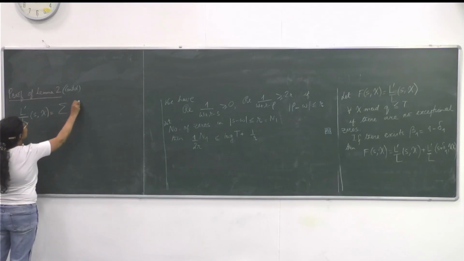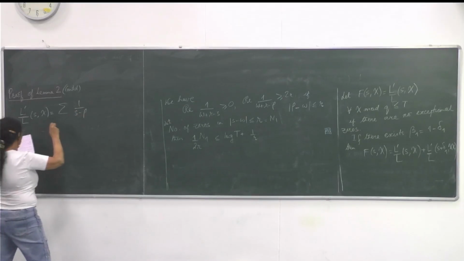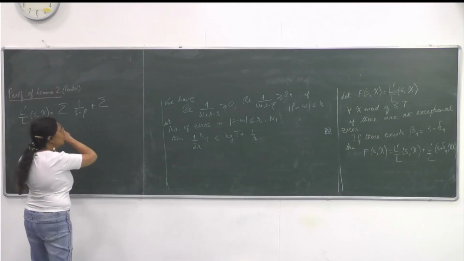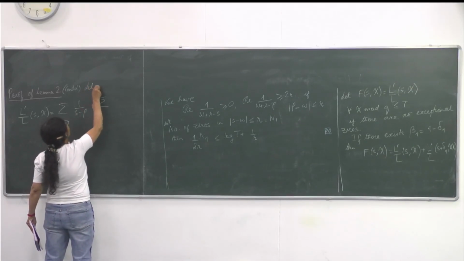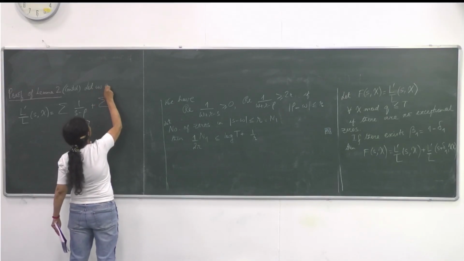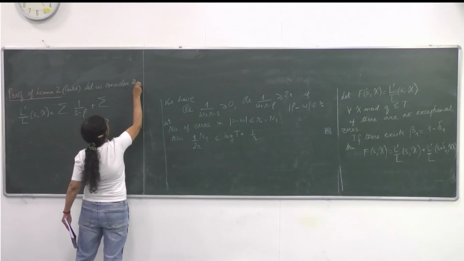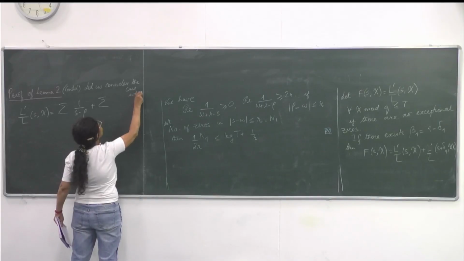This is the sum of 1 upon S minus rho plus, let us consider the case where beta 1 exists.